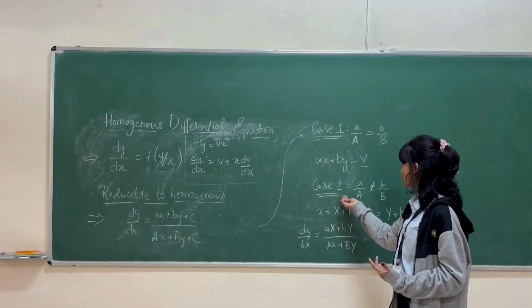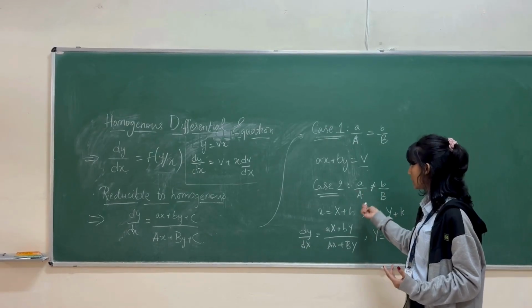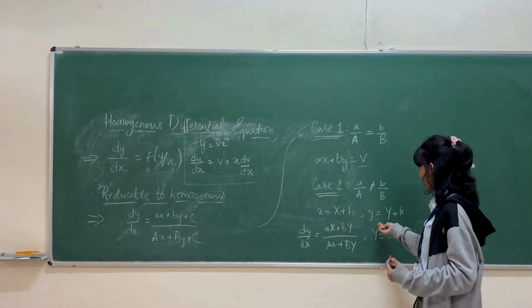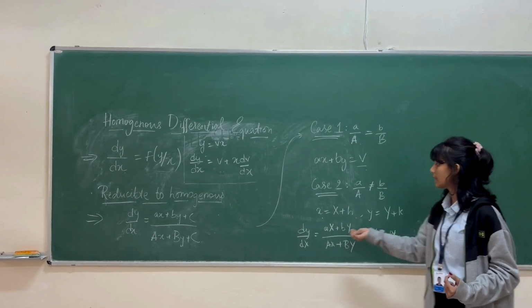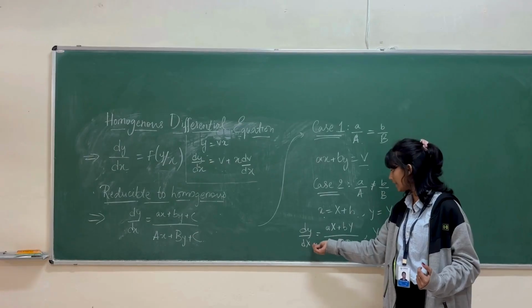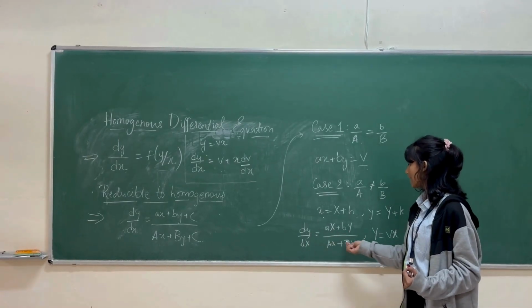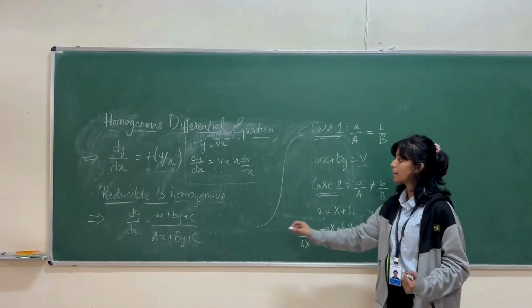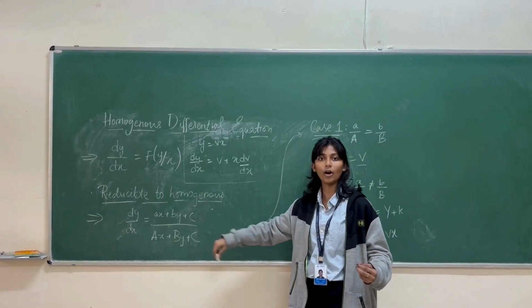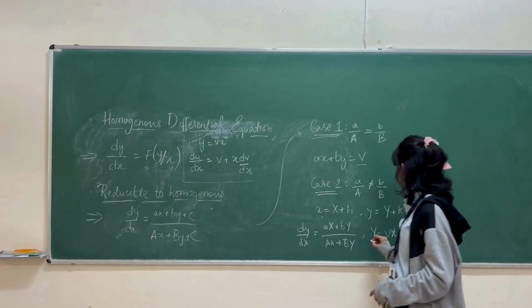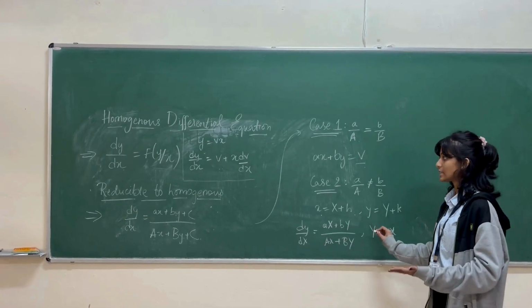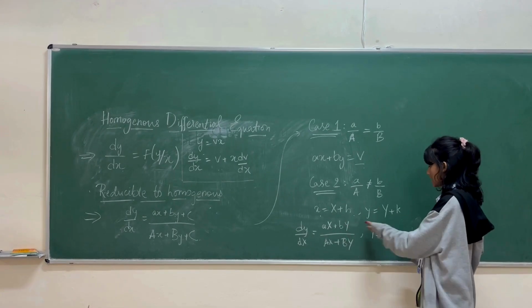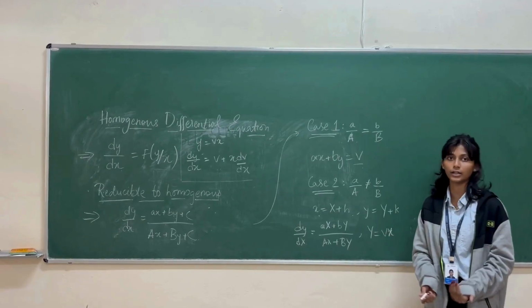Then in case 2, when they are not equal, we put x and y as capital X plus h and capital Y plus k, and then we differentiate. We put it as dy by dx equal to aX plus bY divided by capital AX plus capital BY, because our constants are all equated to 0. Then after doing so, we have it in our homogeneous form. So just like normal, we will write y is equal to vx and then differentiate.